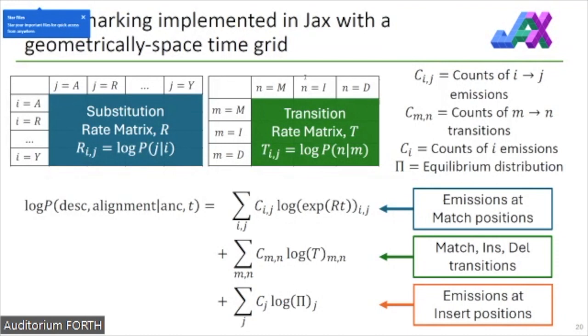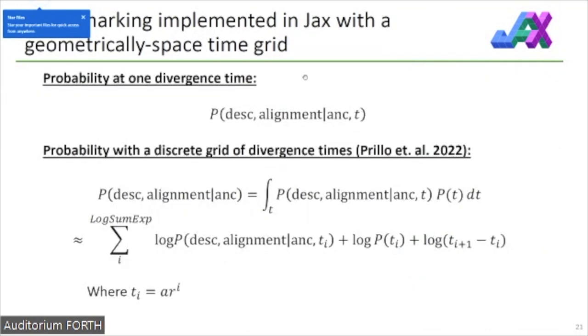We're going to use the log likelihood function for the pair HMMs, which includes a term for the probability of emissions at match positions, the probability of transitions, and the probability of emissions at the insertion sites. Again, we are varying the part in the middle by changing what model generates our transition matrix. We also would like to not tie ourselves down with one specific divergence time, and we would instead like to marginalize that out.